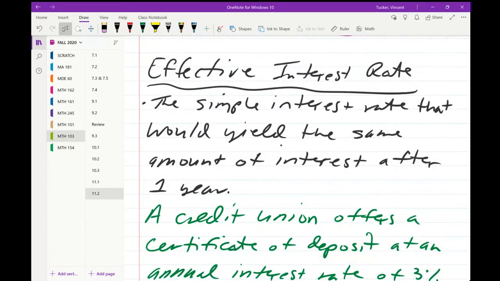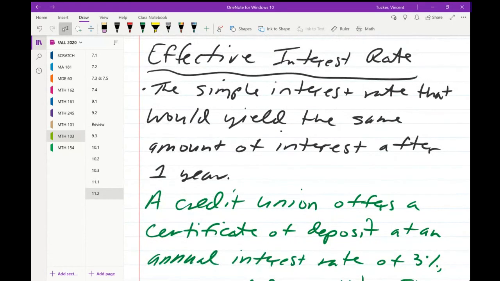All right, effective interest rate: the simple interest rate that would yield the same amount of interest after 1 year.